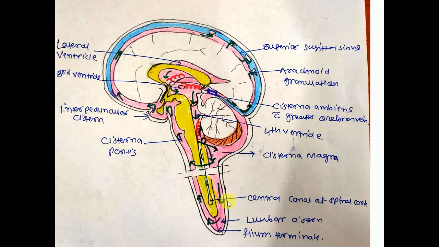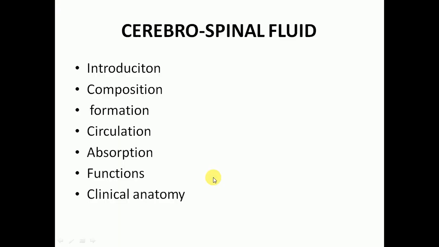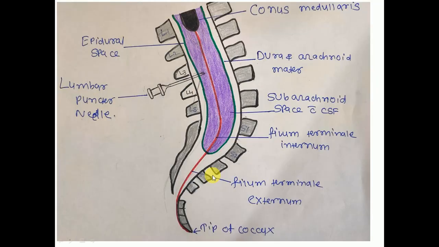The last one, which we have already discussed, is the lumbar cistern. The name itself suggests it lies in the lumbar region of the spinal cord. This large space of the spinal subarachnoid space lies in relation with the spinal cord, and this cistern extends between the conus medullaris to S2, the second sacral vertebra.